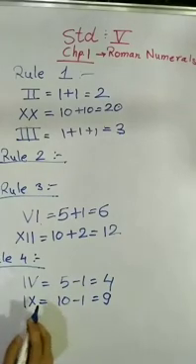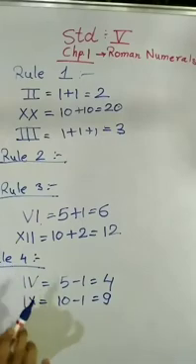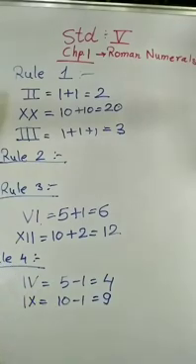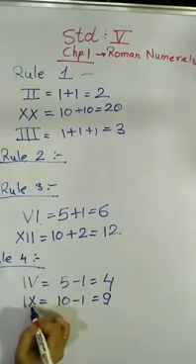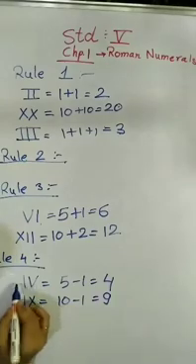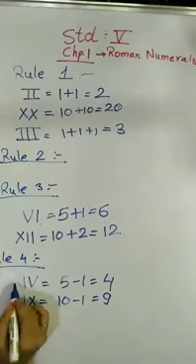Okay, and sorry, in rule number 4, the second part is that the symbol I is not written more than once before V or X. We cannot write I more than 2 times.